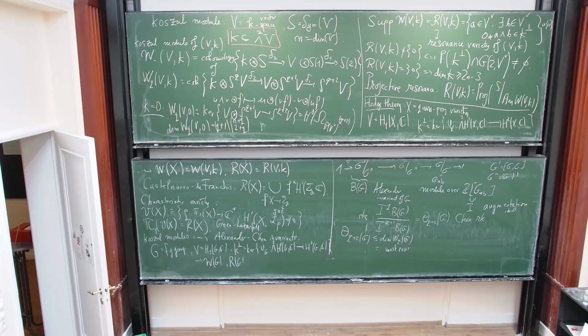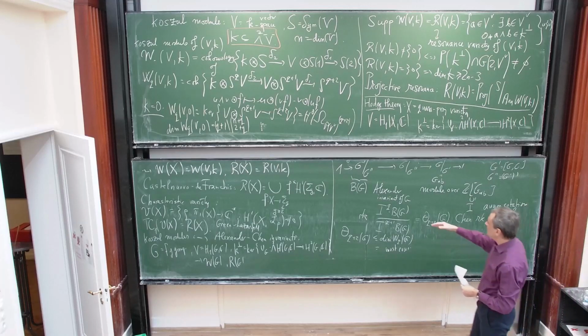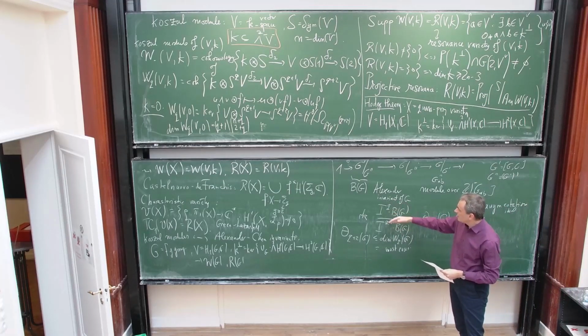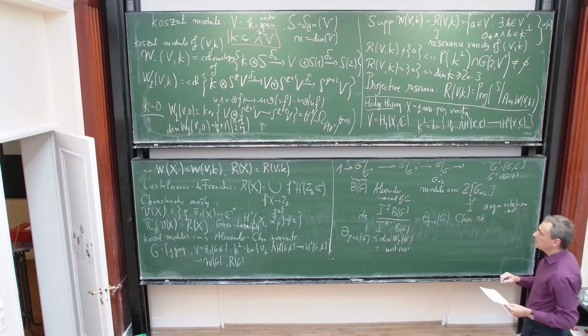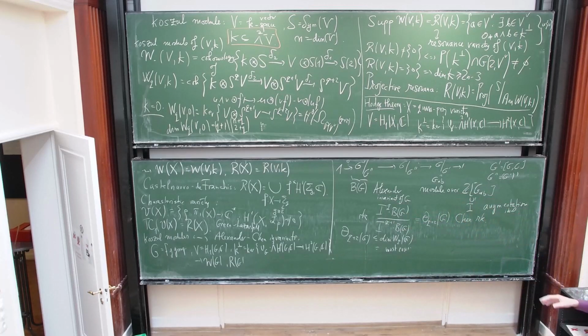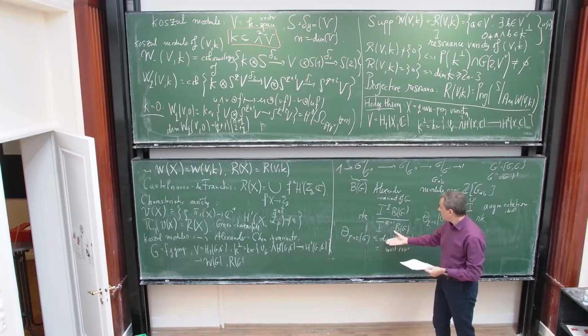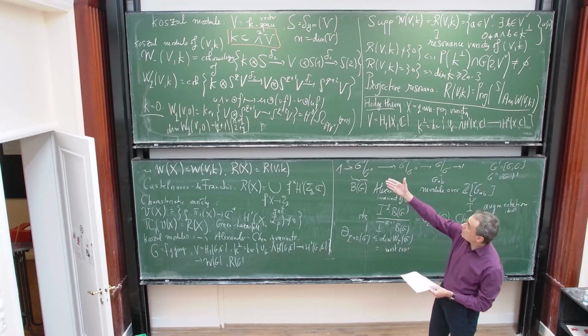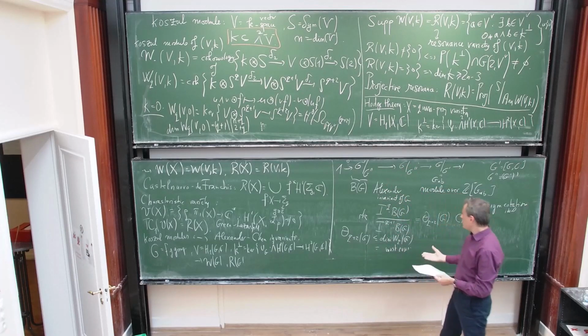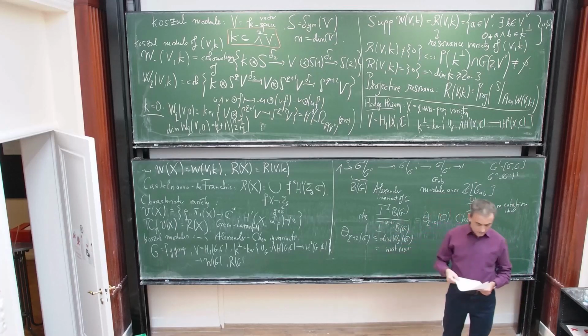Okay, so this is the situation. These are homotopy theoretic invariants. They can be interpreted in terms of the lower central series of the group, but I don't want to go into that. When you know something about the dimension of the components of the Koszul module, you will know something about the Chen invariants of the group.